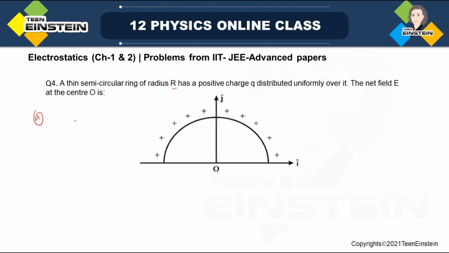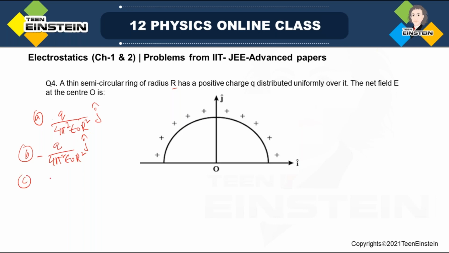First option says it will be Q by 4 pi square epsilon naught R square along the J direction. Then the second is minus Q by 4 pi square epsilon naught R square J, that means it is in the downward direction.